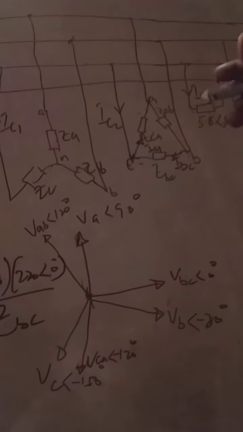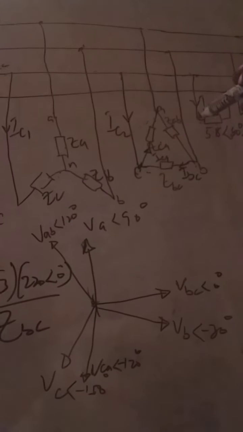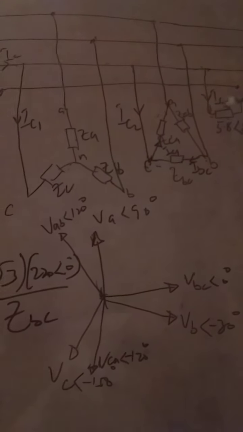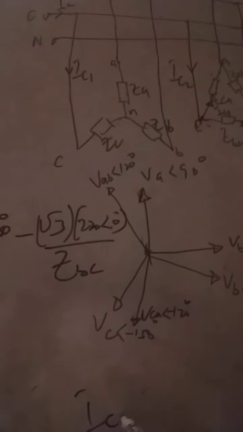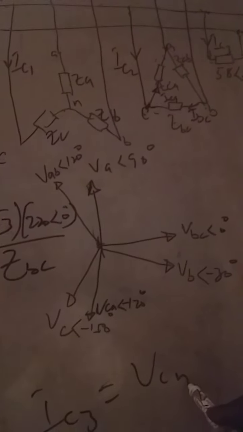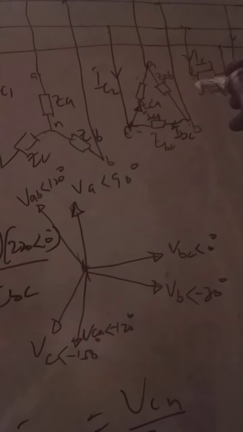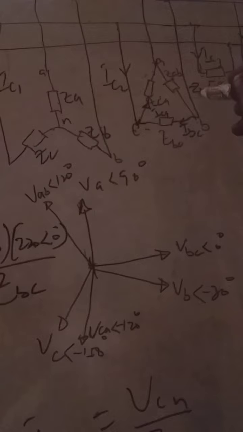Now you look for your IC3. IC3 is equal to the voltage across these two, which is VCN, divided by Z. Let's call this one Z3 and this one Z4.